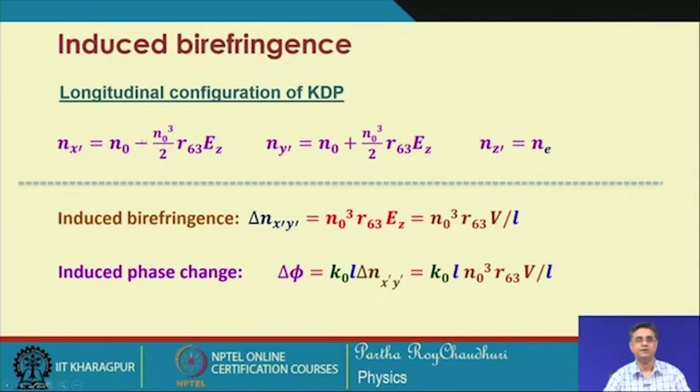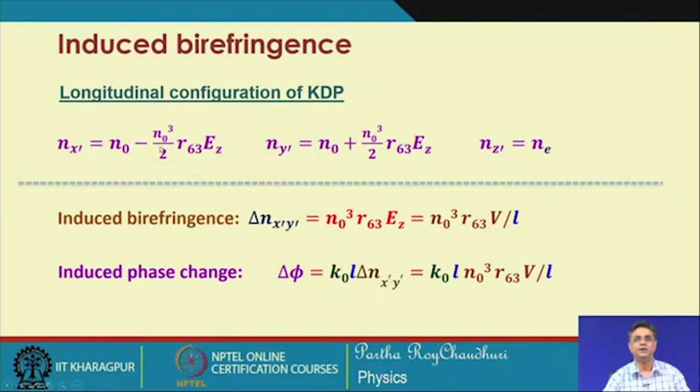Let us suppose we excite only the x prime axis, then with voltage only this much of the change in the refractive index in addition to n 0 will be modulated by this external voltage, and the light that will be emerging out of the crystal will be phase modulated by this quantity, whereas for y prime polarized light, this quantity will be the modulation in the phase. This will give rise to the modulation in the phase, and we will see this.